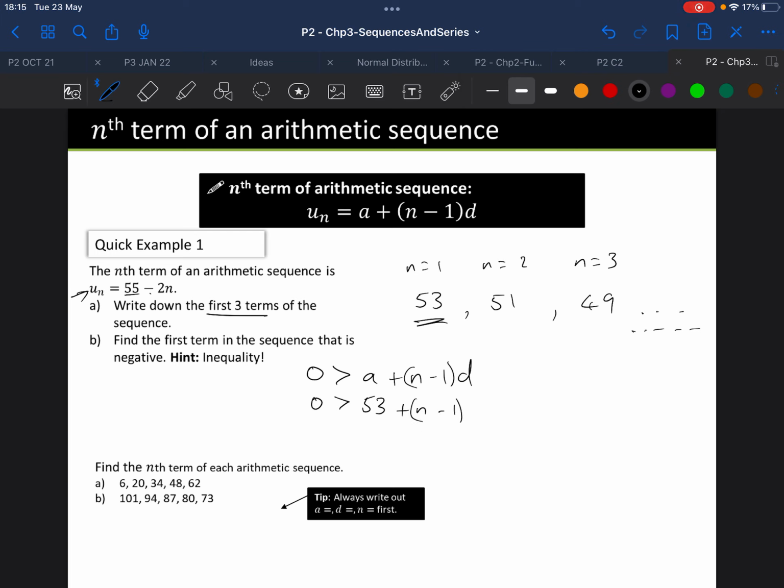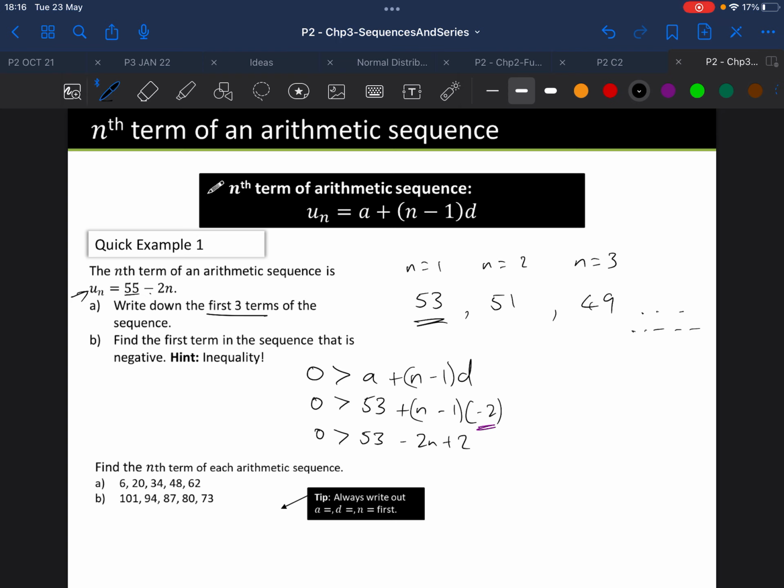So you don't know that. What's the difference? The difference is actually -2. Make sure you put the minus there. Super common mistake, that one there, not including negatives. And then I'm just going to solve this one. So 0 is greater than 53, you could expand it out. So you get minus 2n plus 2. And you just solve this one.